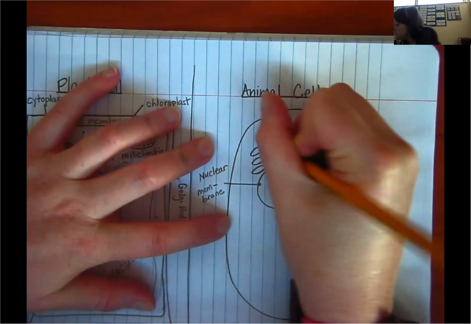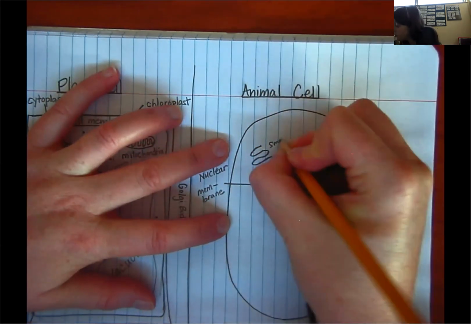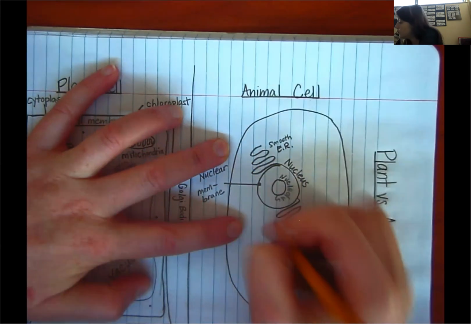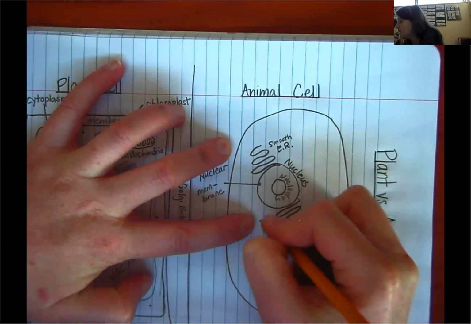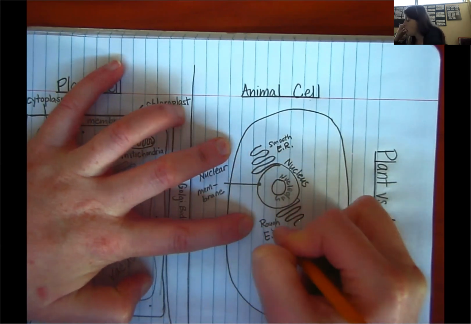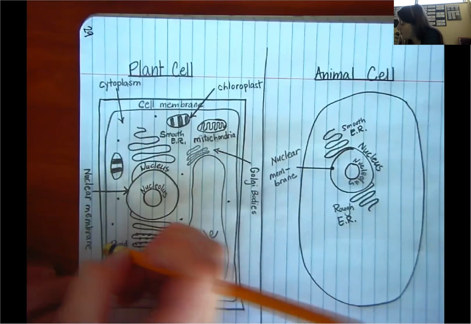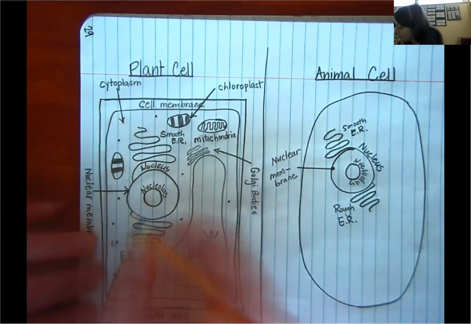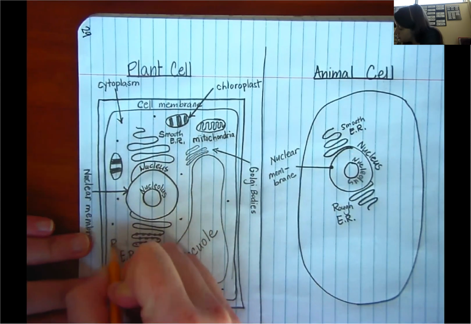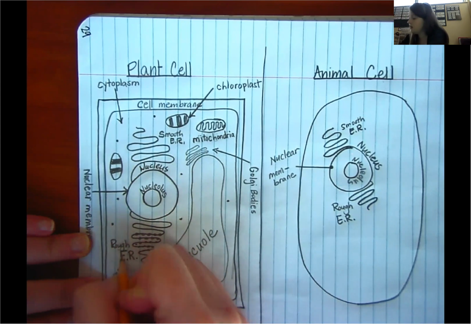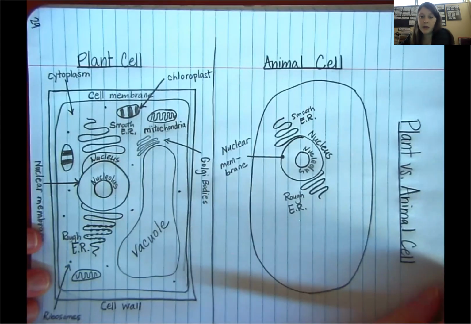So we've got the smooth endoplasmic reticulum and the rough. Oh, I called it rigid earlier. That's wrong. Not sure where that came from all of a sudden in my head. This should be rough, R-O-U-G-H. So sorry. Surprised I didn't catch that.